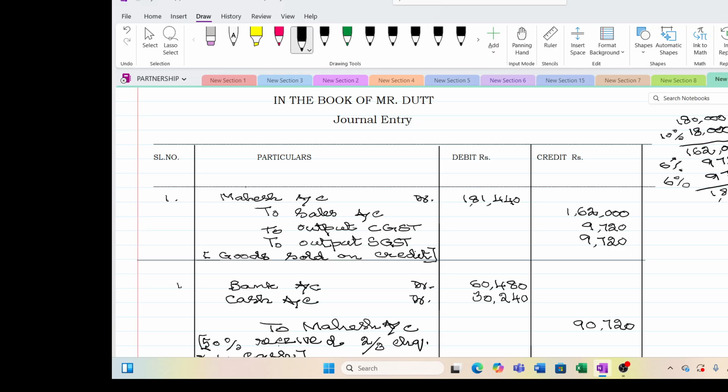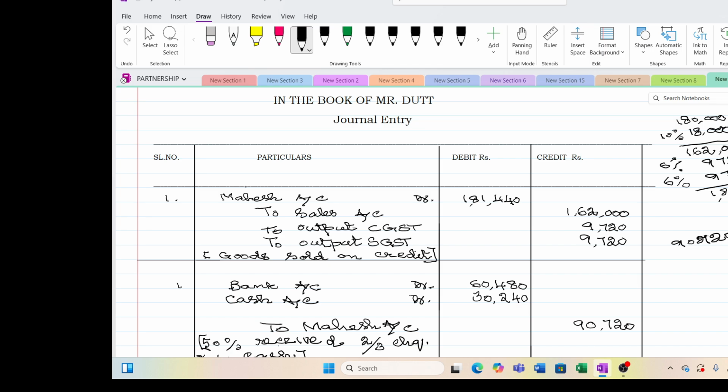And now what they say is that out of that, 50% is received. Money received for 50% of 1,81,440 is 90,720. But how is it received?